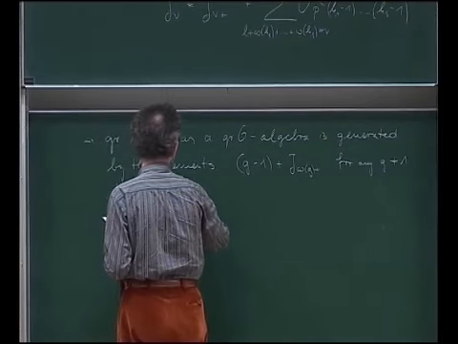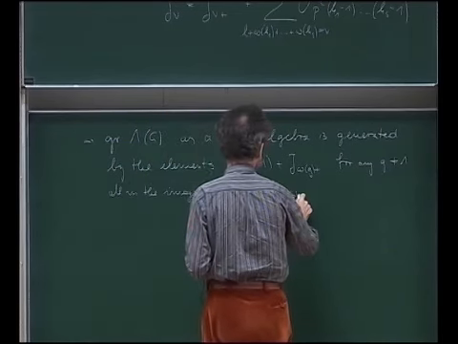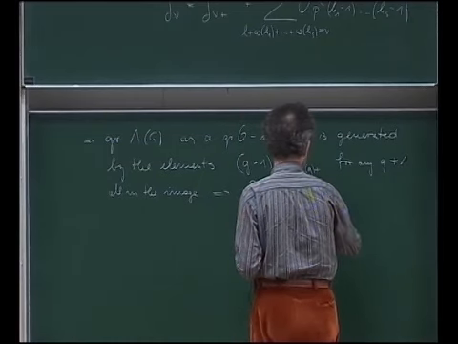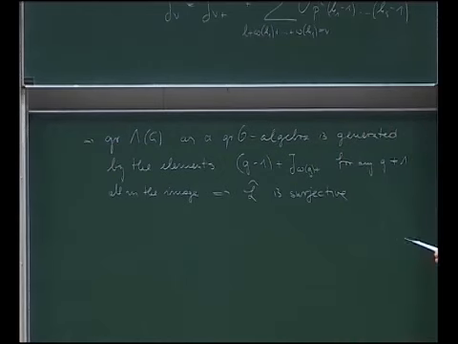But they are of course visibly all in the image of the map. So all in the image. So it follows that L tilde is surjective.